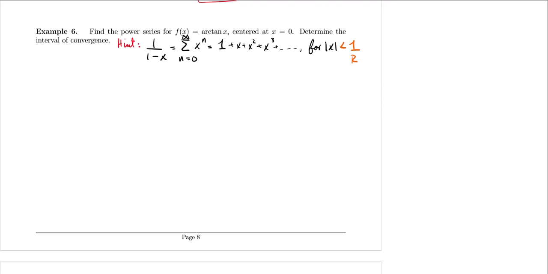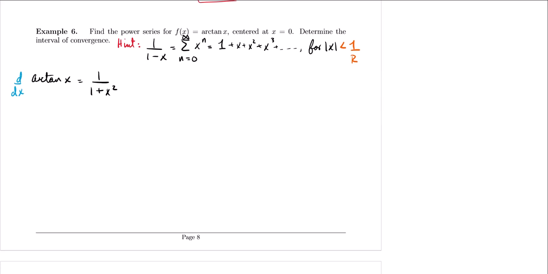Now, how are we using this shortcut? Well, I want you to remember that if I have the arctan of x and I take the derivative, this will be 1 over 1 plus x squared. Now, notice here that the 1 plus x squared is looking somewhat similar to the 1 over 1 minus x. Not quite the same though.